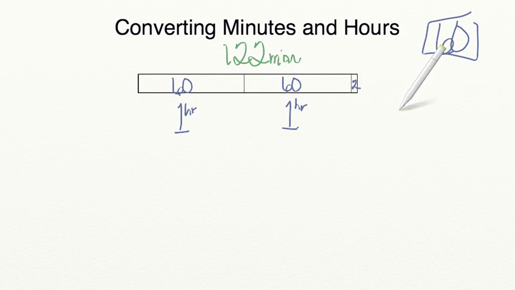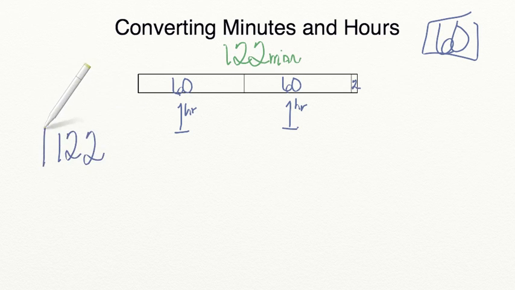Now, as you can see, we used a fraction bar to divide 122 minutes by 60 to tell us how many hours we have in our fraction bar. But you can also use long division instead of using a visual. Let's see how that works. I'm going to set up my problem, 122 minutes, and we're going to divide it by 60 minutes in an hour.